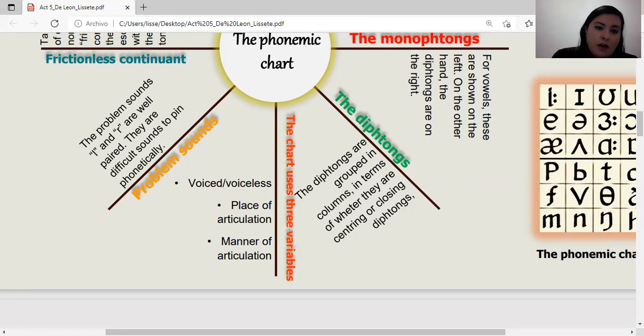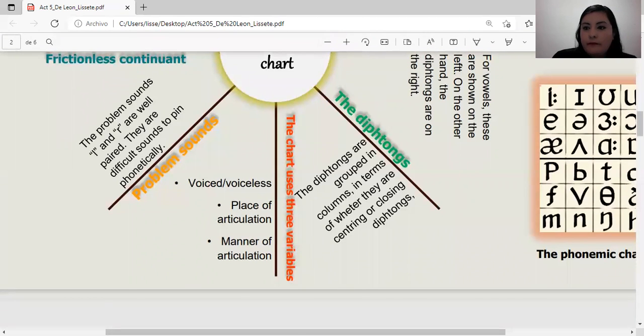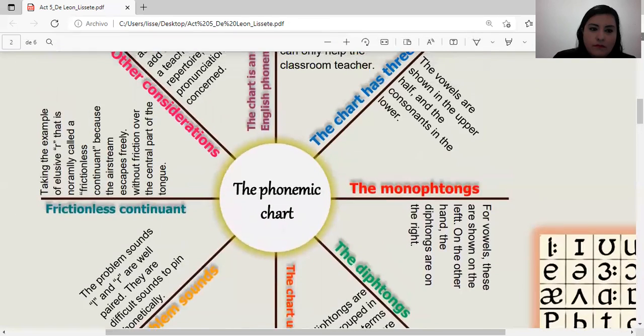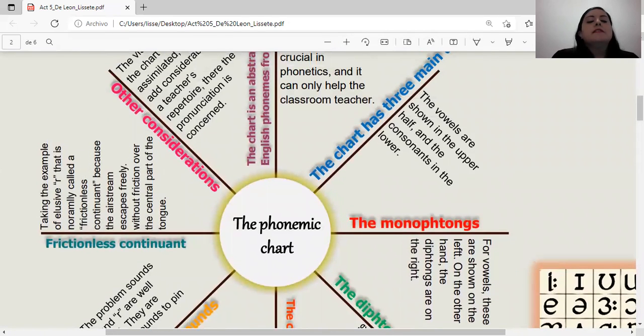They are difficult sounds to pin down phonetically. Frictionless continuant: taking the example of the elusive R, that is normally called a frictionless continuant because the air stream escapes freely without friction over the central part of the tongue.